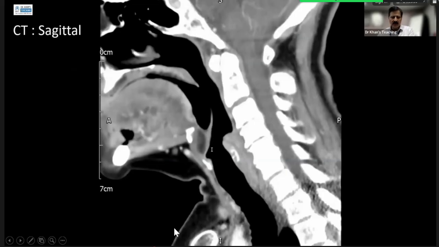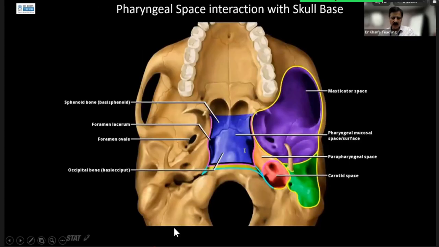On a CT scan, similarly, here the landmark is this epiglottis, and this, of course, is the oropharynx. This is the nasopharynx, and this will be the hypopharynx. So the pharyngeal mucosal space, which is the nasopharynx, touches the base of skull, which is common sense.